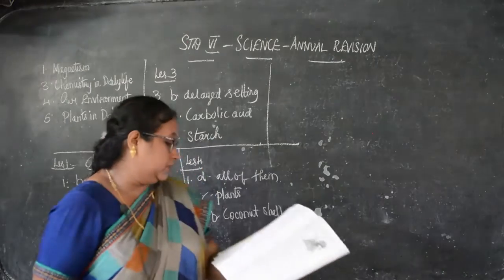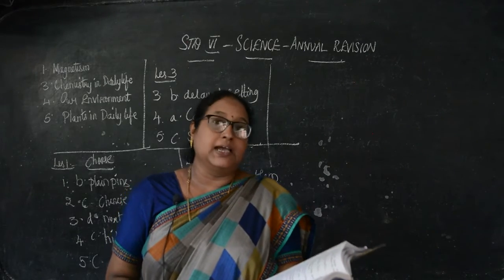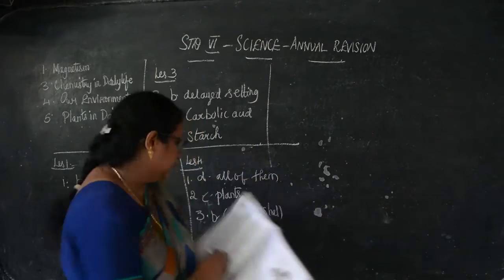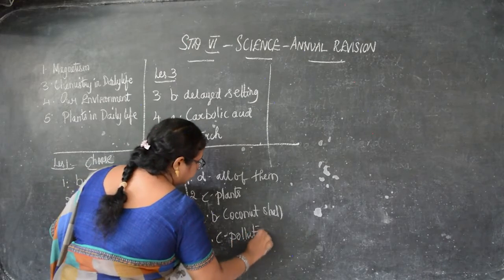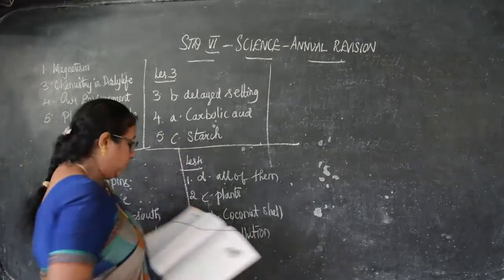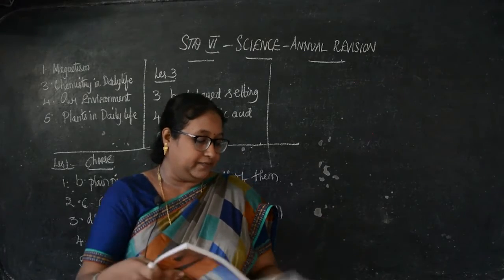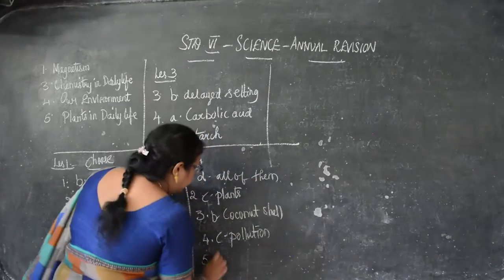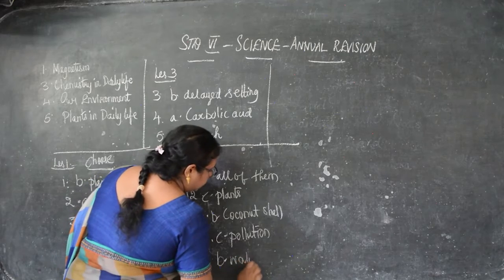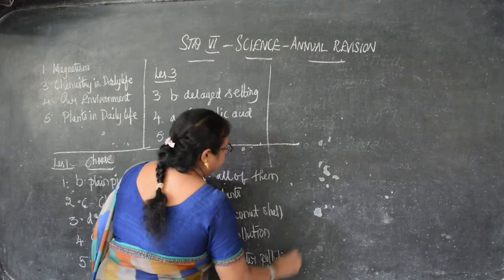Okay. Then fourth, it is undesirable change that occurs in air and water. That is C, pollution. Then fifth one, usage of chemical pesticides and fertilizers causes dash pollution. B, water pollution. Okay, children.